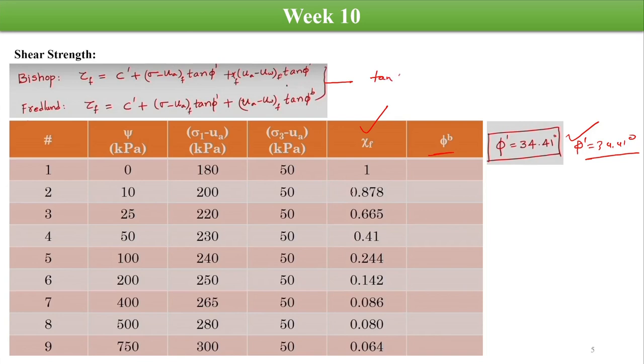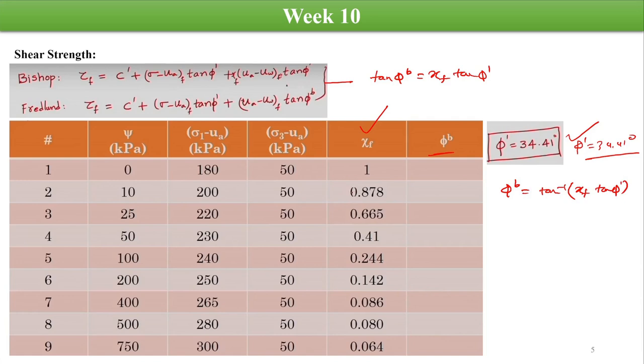From here, tan phi b is actually equal to xi f times tan phi dash. That is true, and if we calculate this, then we will find phi b is equal to tan inverse of xi f times tan phi dash.